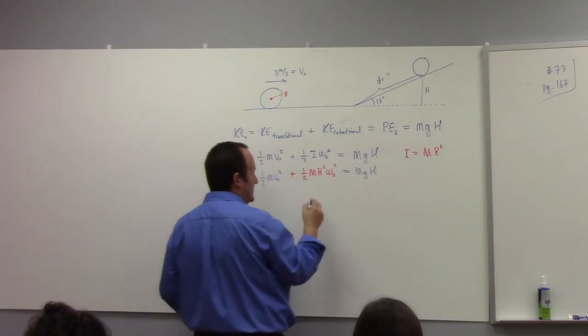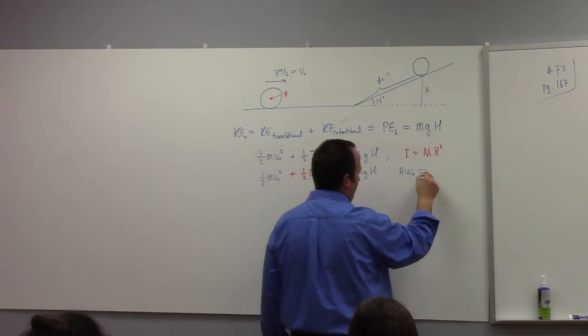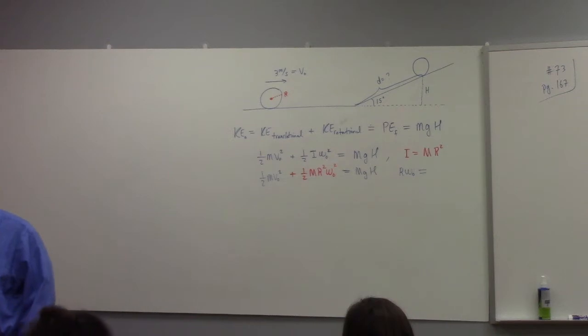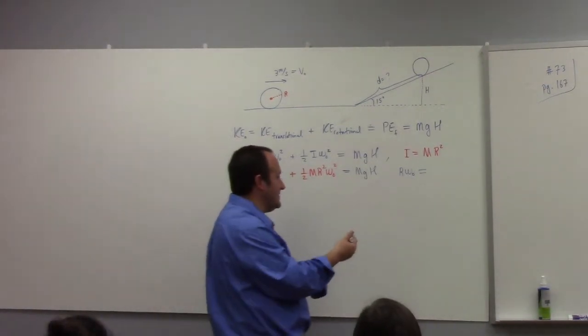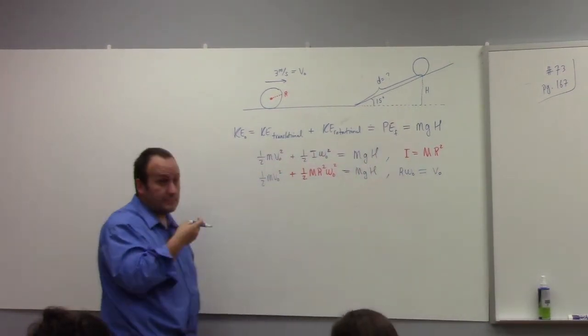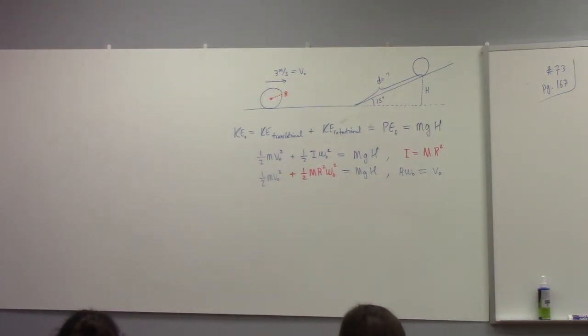And hey, what's r omega naught? If I take the radians per second and multiply by a radians distance, what do I have? I've got meters per second. This is exactly v0. Again, that assumes rolling without slipping, but they've not given us any reason to think otherwise. And there's also the fact that we've never discussed the physics of rolling with slipping, so that rules that out.